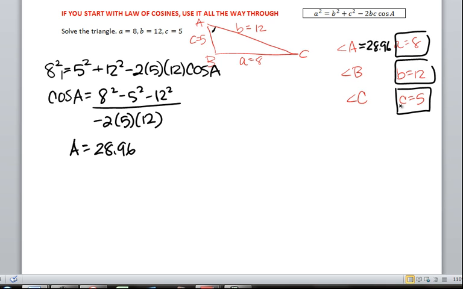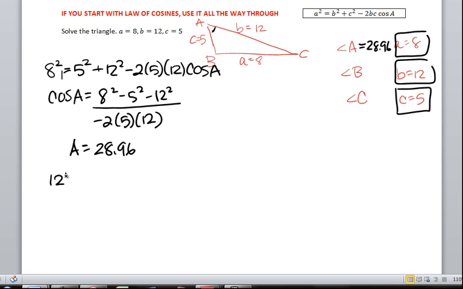Okay, that said, now I want to find angle B. Notice here that angle B is a big angle. So now I have 12, and that's opposite angle B. And then I have the two other sides, 5 and 8. So I set this up exactly the same way.